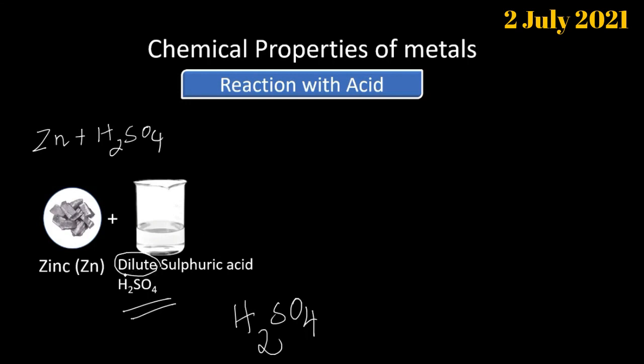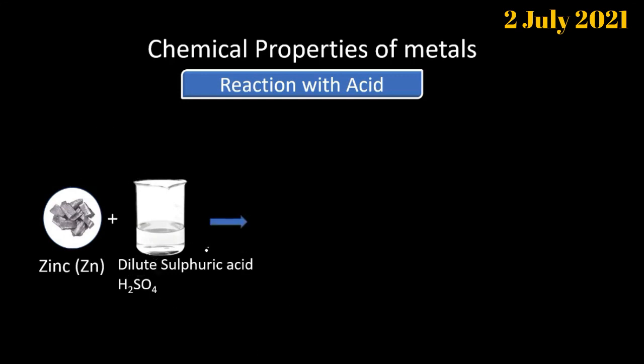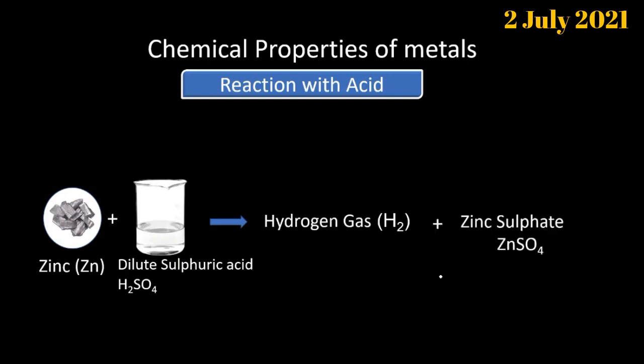What do you mean by dilute acid? Dilute acid is one where more water is there. So it is actual sulfuric acid plus a little bit of water, right? And when you add zinc into dilute sulfuric acid, you will get again hydrogen and zinc sulfate. It's a salt, understood? Salt of zinc.